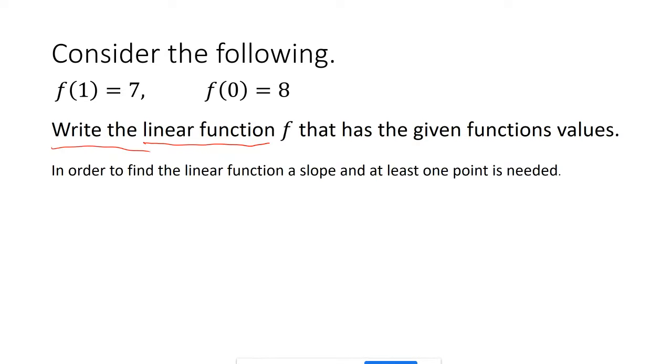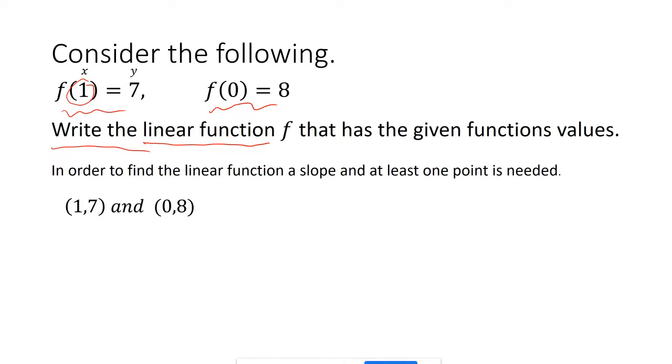So from the given information here, we can get our points. So our first point is going to be, remember here, this value in here is our x, and then the function, our output is the y, which is 7. And so 1 point is going to be 1, 7, and another point is going to be 0, 8.